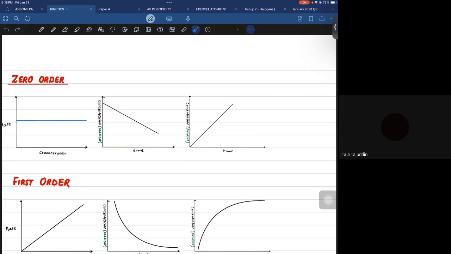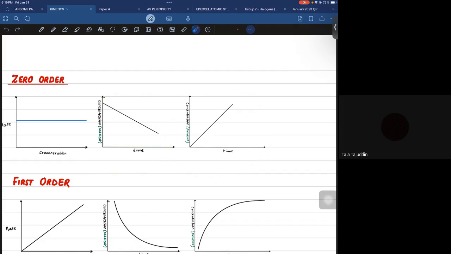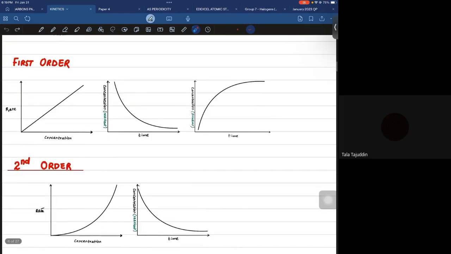Again, if you find the gradient of this graph, you will see the gradient would remain the same. It means that it's a zero order reaction. What is the difference between this and this? There is no difference. It's when you consider the reactant side and when you consider the product side. It's the same thing.